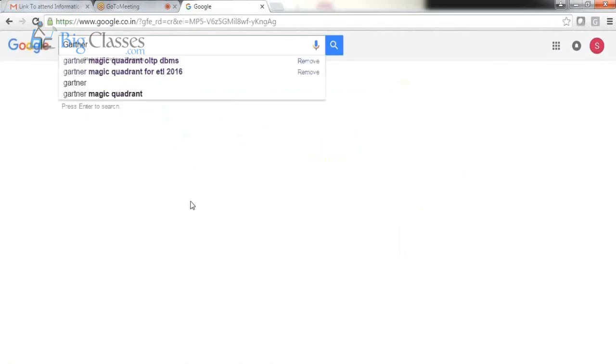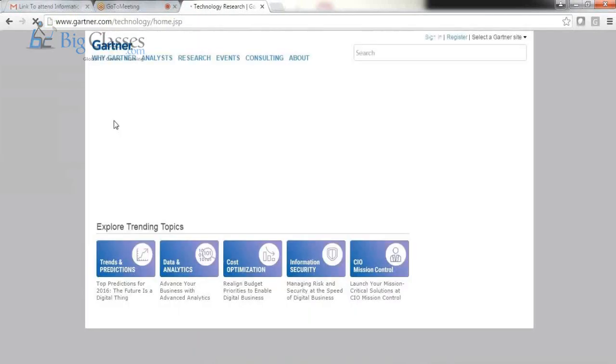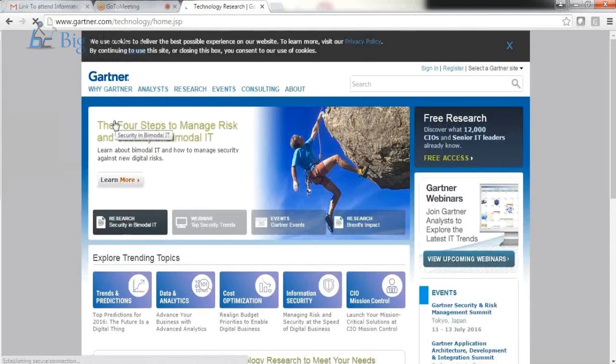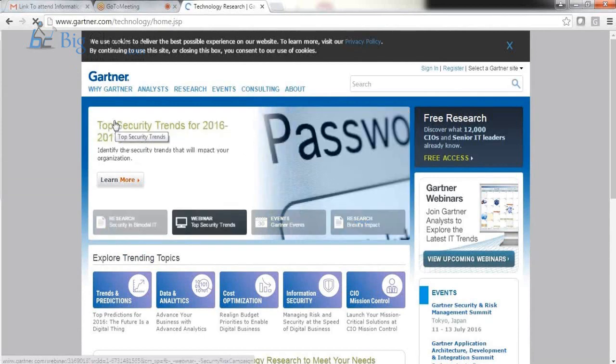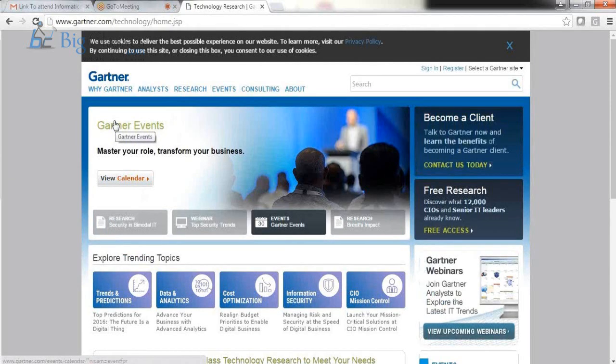Gartner is a technology research company operating out of the US. They don't develop any products, and they don't work on any consulting kind of thing. The only thing Gartner does is take all the tools available in the market, like databases, perform research on them, and give a ranking.